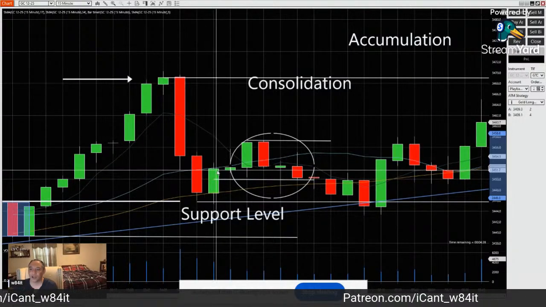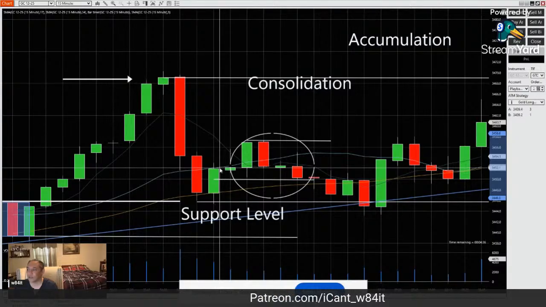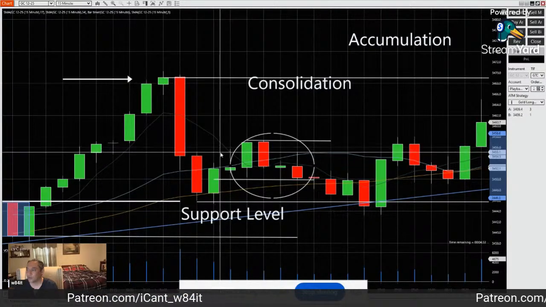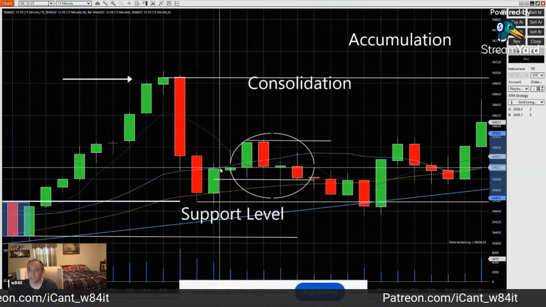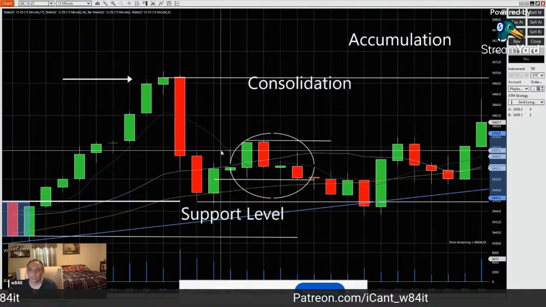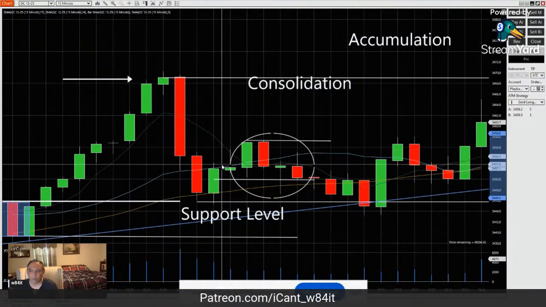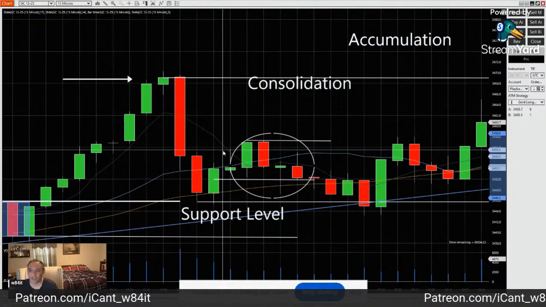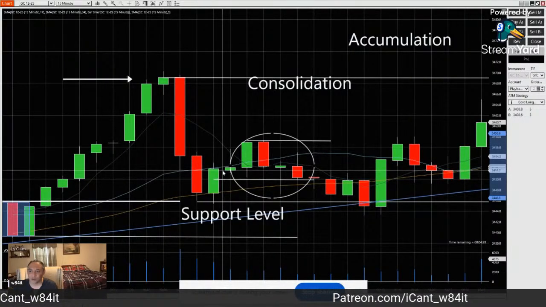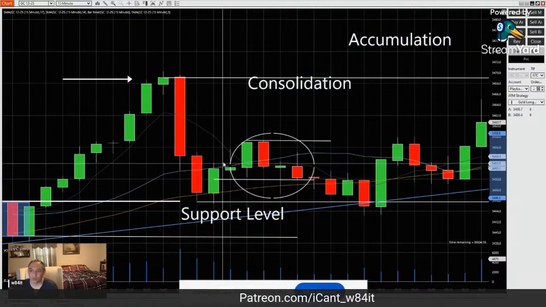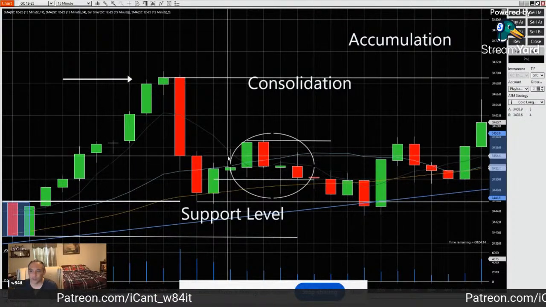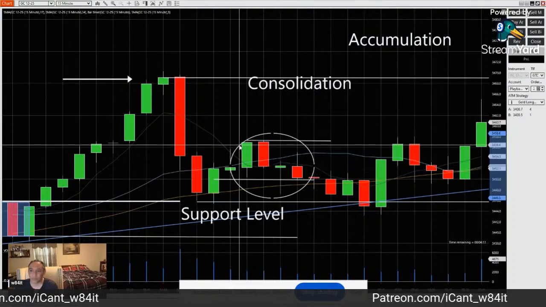So 0.5 to the downside versus 1.7 to the upside. So your potential was almost triple to the upside. And so where do you think price is going to go just off of that alone? It's going to go up, right?